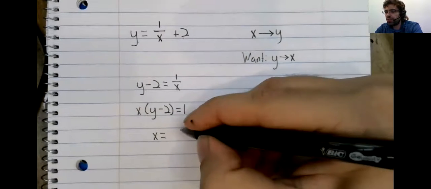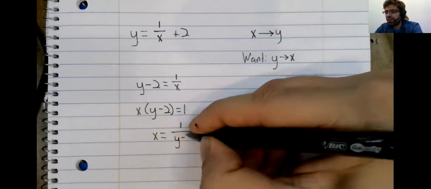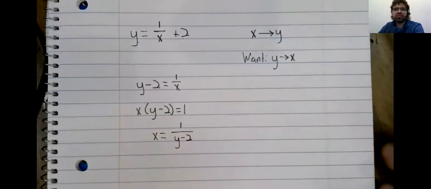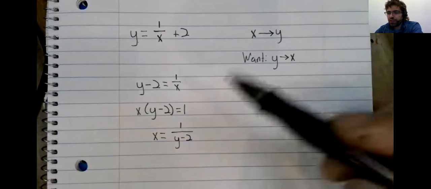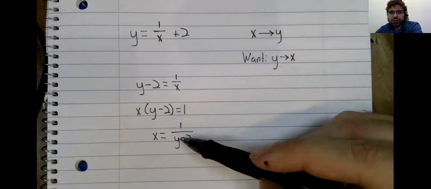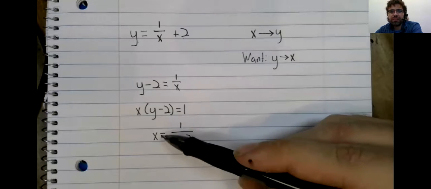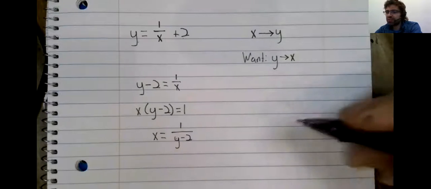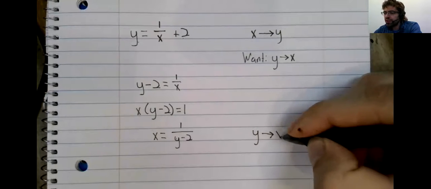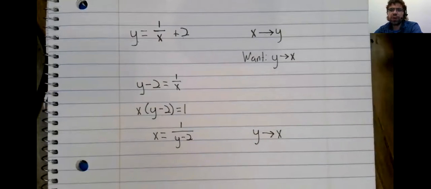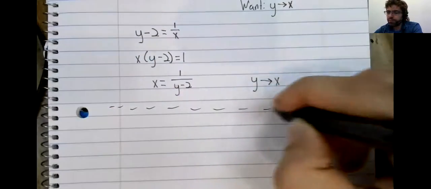And then we could divide both sides by y minus 2 if we wanted to. And what do we have here? Well, now we can plug y into this and get x out. This is exactly what we were looking for.